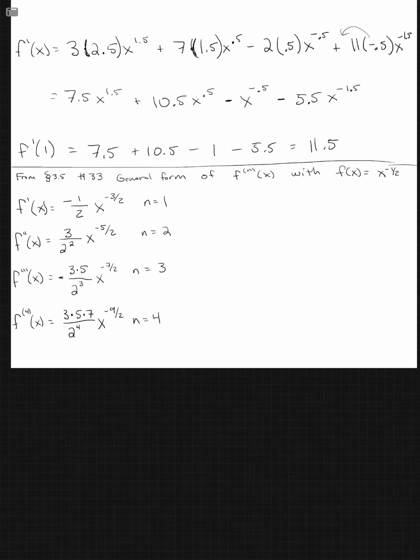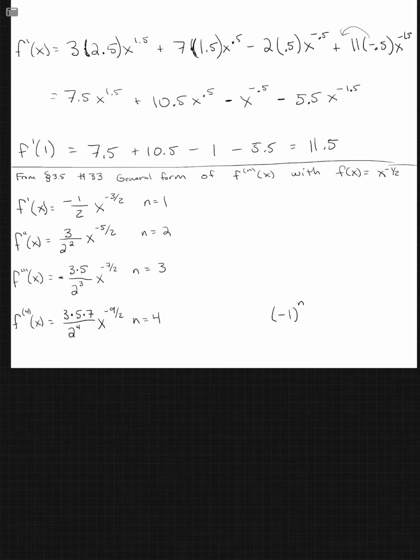One thing that seems to be happening is that it is negative when n is odd, and it is positive when n is even. Another thing that has that same form is negative 1 to the n. Negative 1 to the n is always going to be negative if n is odd, and it's always going to be positive 1 when n is even.